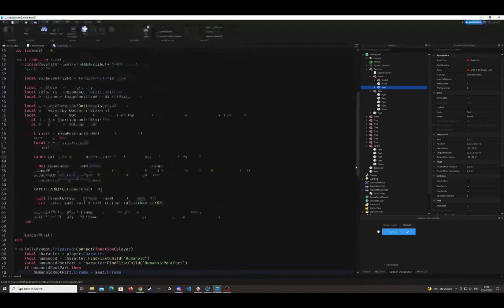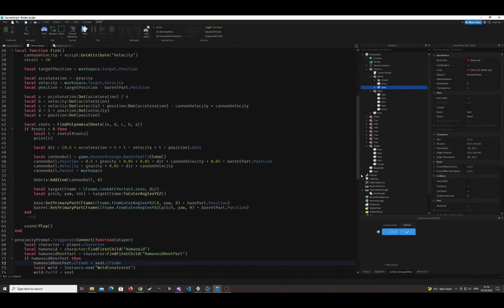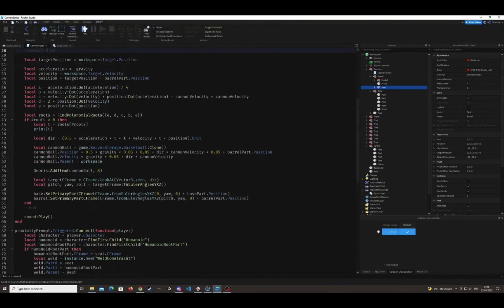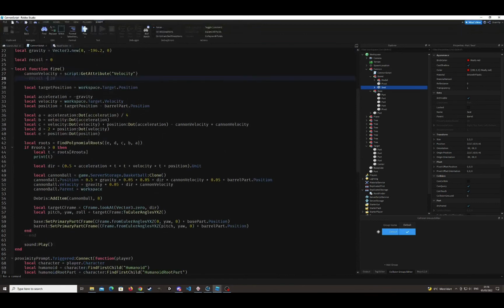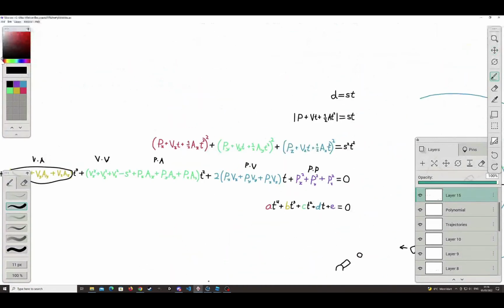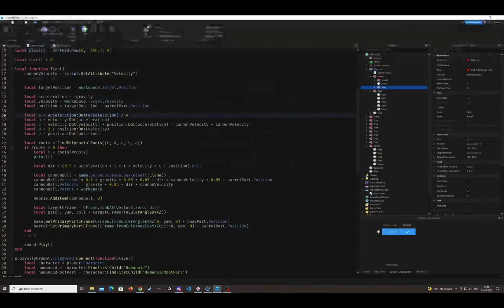So once we've done this, I could probably use some of this code. Right, so this bit here is where we are calculating the coefficients, as I showed. What was neat about the expansion was that we could just use the dot products between all the different vectors. It looks very clean and nice.